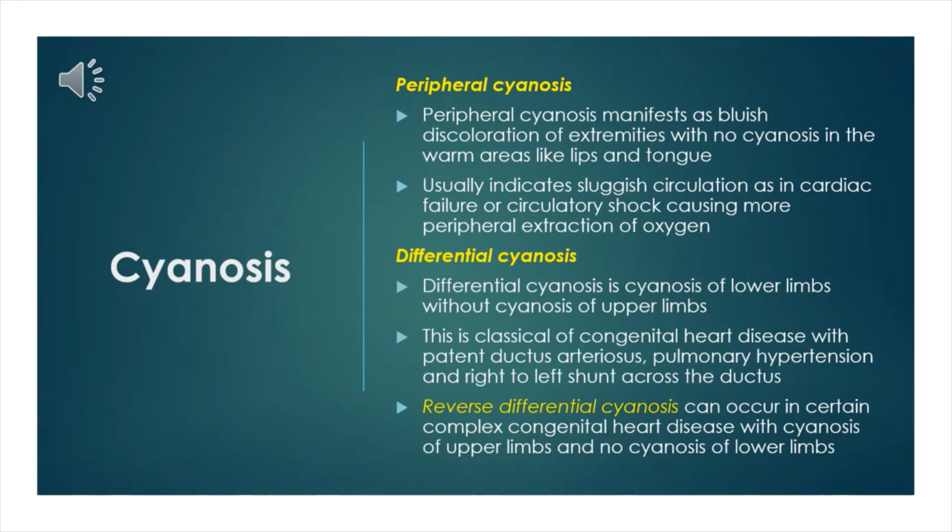This is a classical feature of congenital heart disease with patent ductus arteriosus, pulmonary hypertension and right to left shunt across the ductus. Reverse differential cyanosis can occur in certain complex congenital heart disease with cyanosis of upper limbs and no cyanosis of lower limbs.